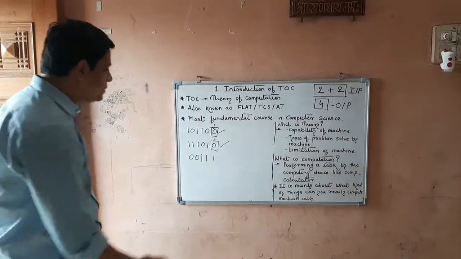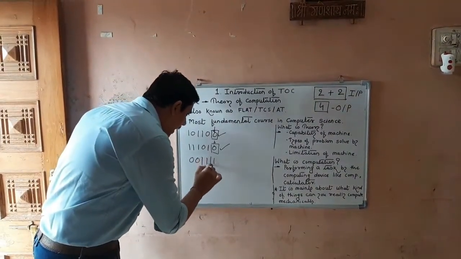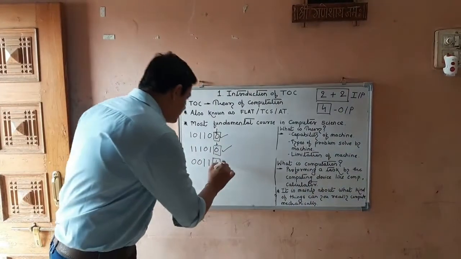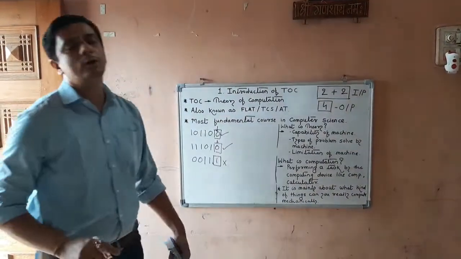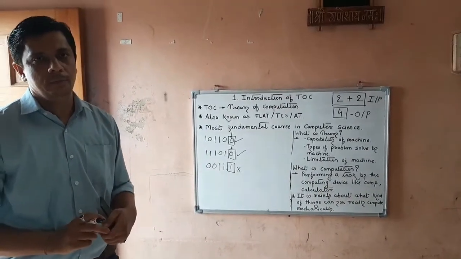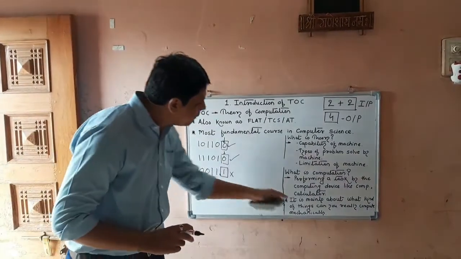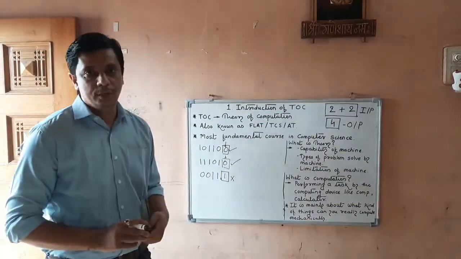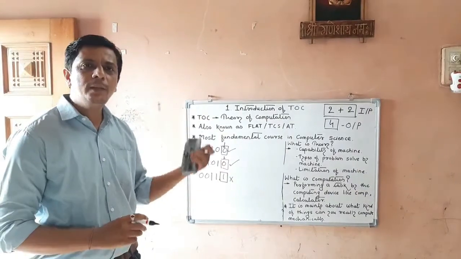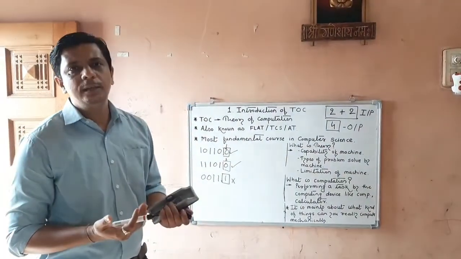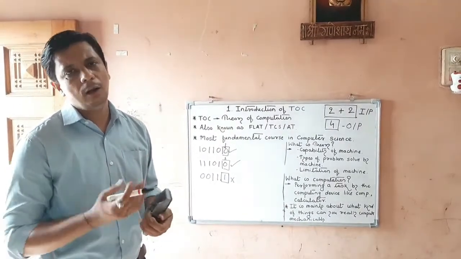But when we observe the third input, the last bit is 1, and we can directly say that this input is not accepted because it is invalid. How is this task performed by the machine? The machine also focuses on the last bit of the given input string. If the last bit is 0, accepted. If the last bit is not 0, it is rejected.